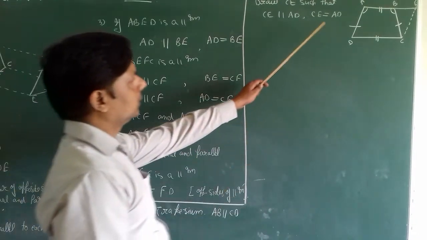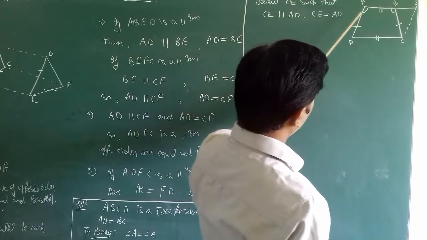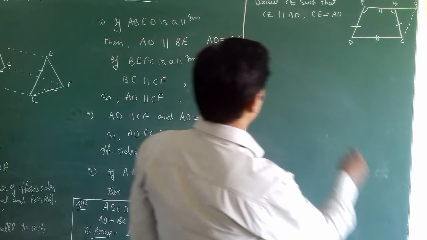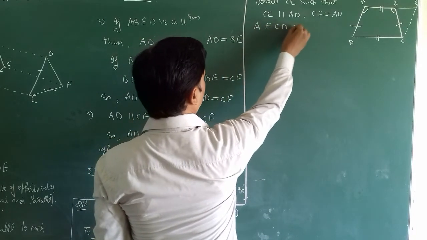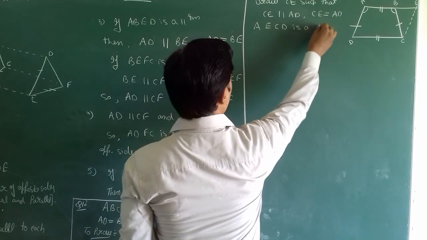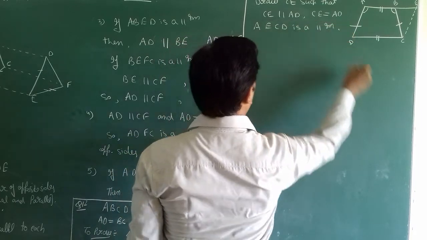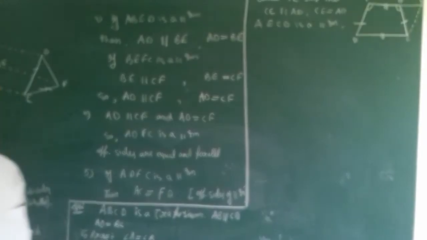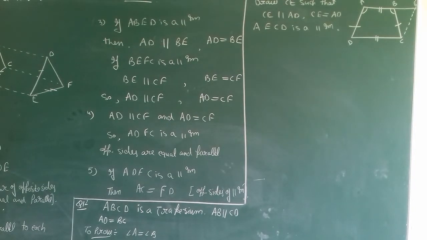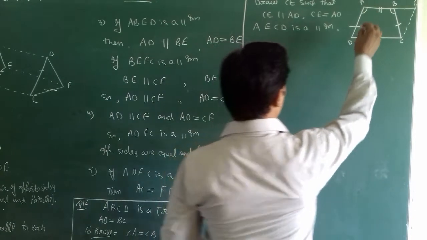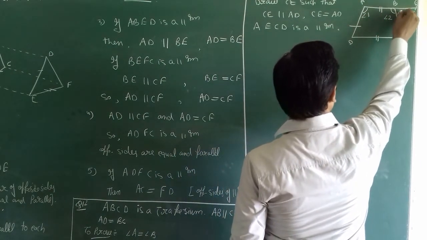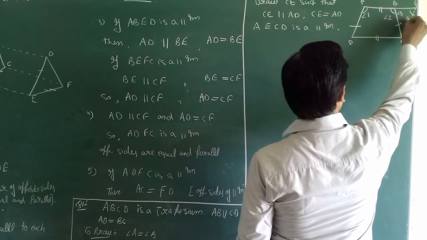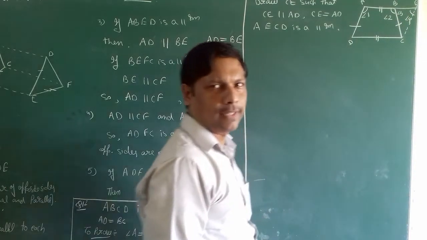So if this CE is parallel to and equal to AD, then we have AECD is a parallelogram. Is it clear, students? Now we can suppose here angle 1, angle 2, angle 3 and this angle 4, right?